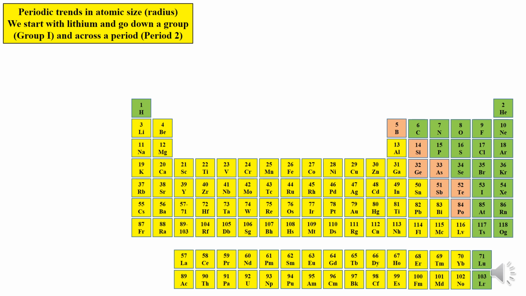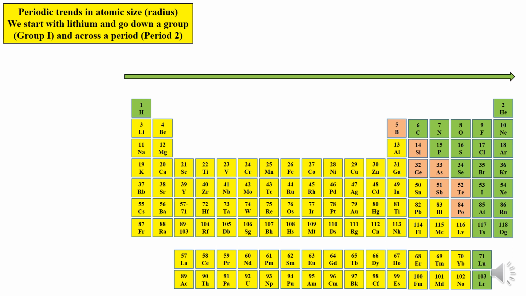Now coming to the periodic trends in atomic size. In the periodic table, to understand the trends in atomic size, we start with lithium and go across a period from left to right, and later we'll go down the group from lithium and study the periodic trends.